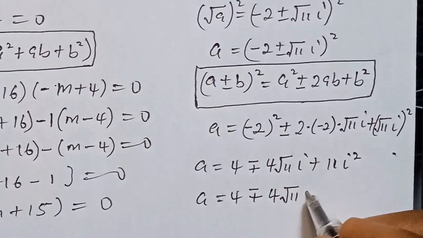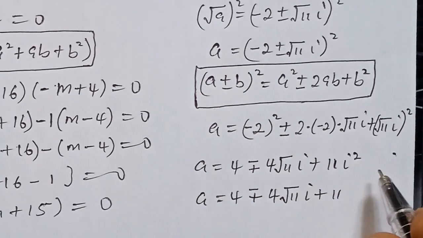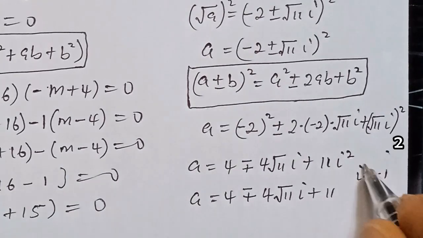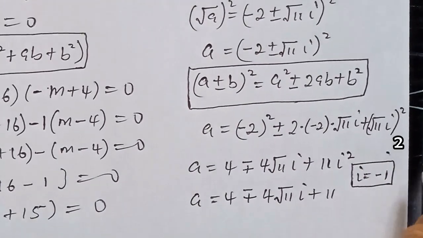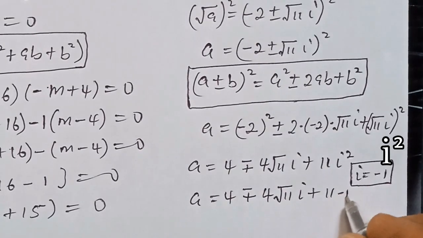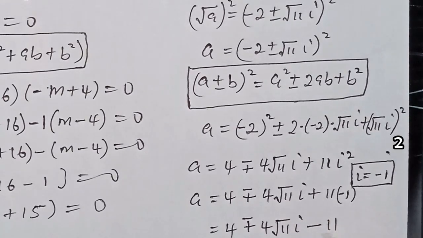So a equals 4 ∓ 4√11 i plus 11 i squared. i squared is given as -1, so we replace that with -1. That is equal to 4 ∓ 4√11 i, then minus 11.